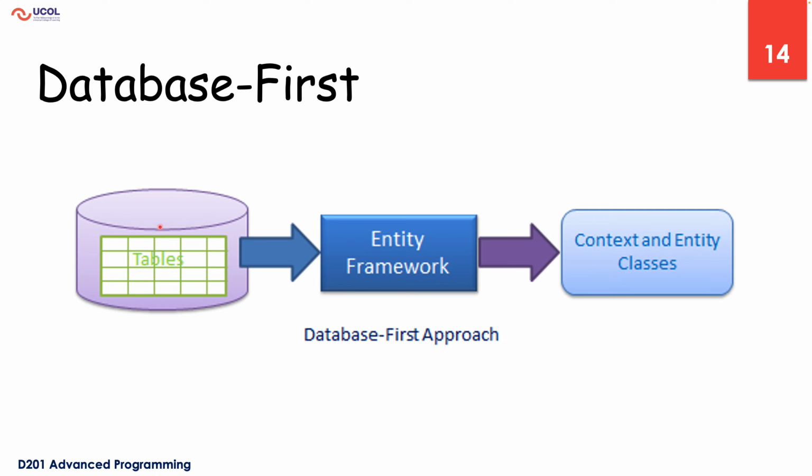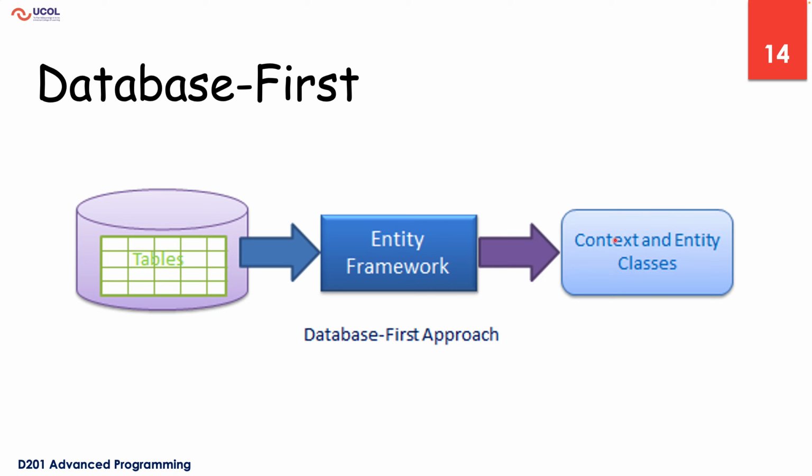You go into the database and create the tables and everything, and then you connect with your project, and then Entity Framework translates those objects or tables into our entities, classes and context. We will talk about what the context is, but it will convert all those tables into our classes.